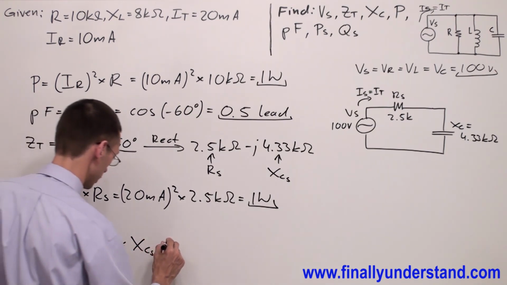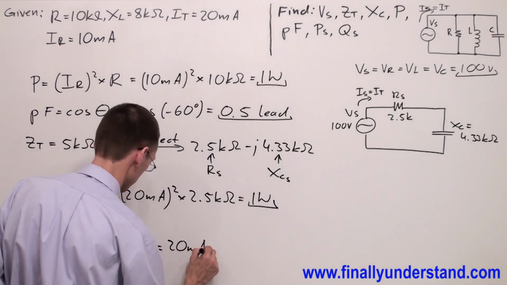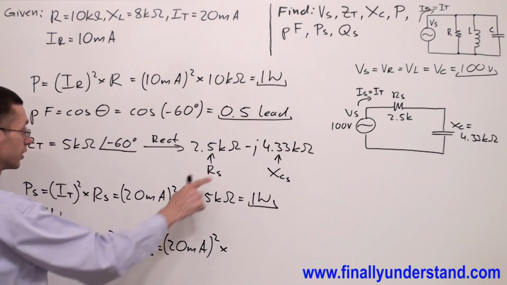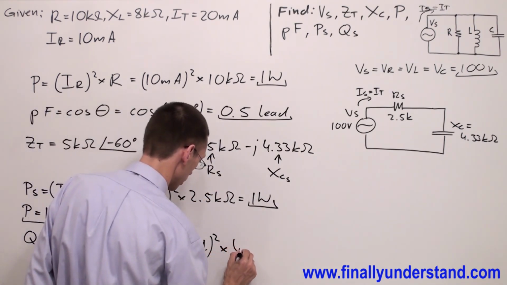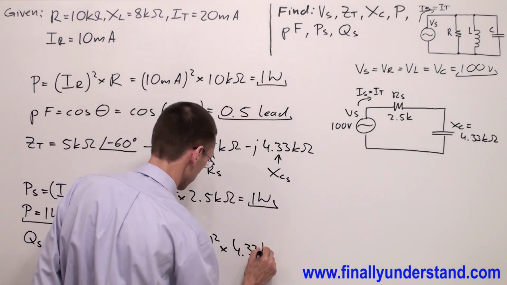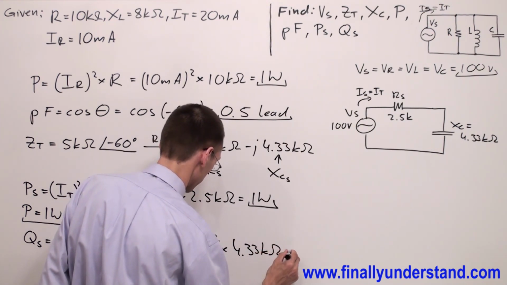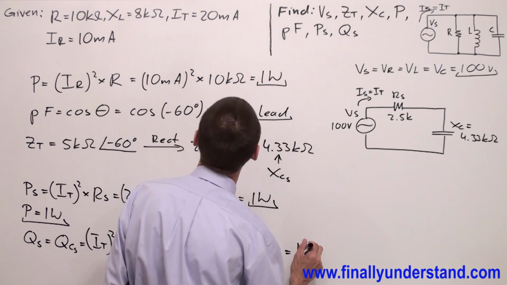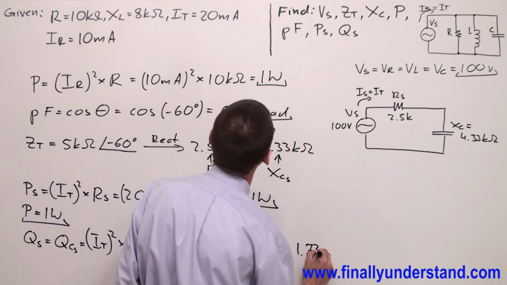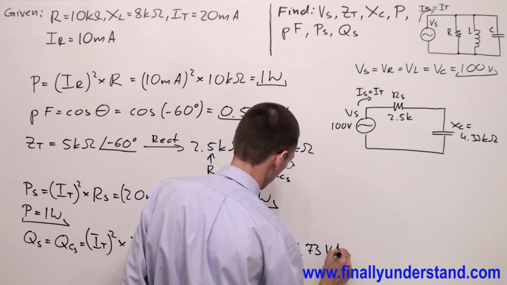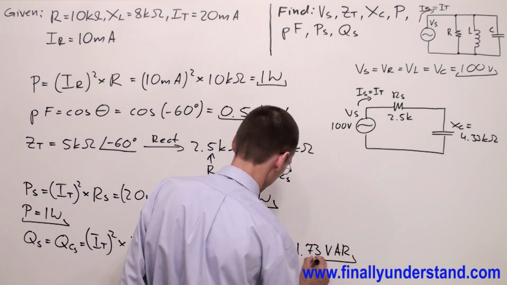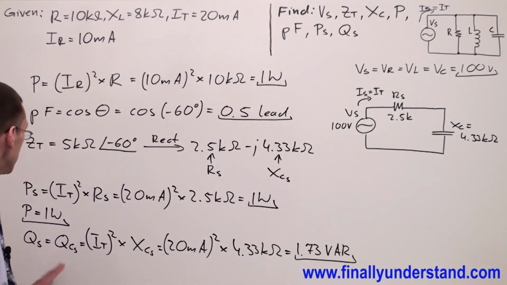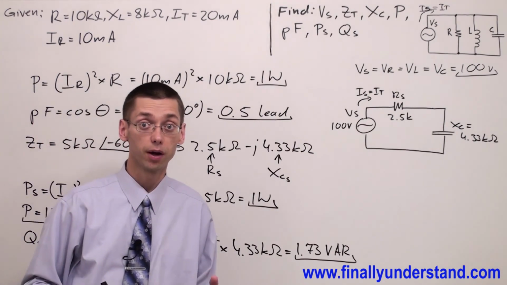So this is equal to 20 milliamps raised to the second power times X of CS, 4.33 kiloohms. This is equal to 1.73 volt ampere reactive. Okay, so this is my QS. And I don't know if you realize, but the problem is solved.